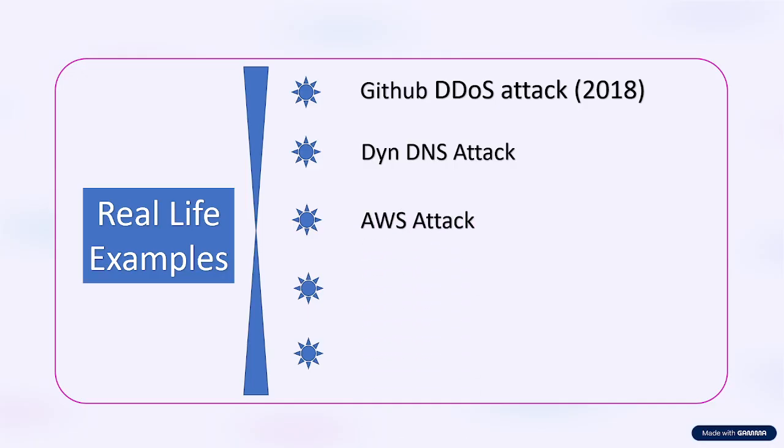Amazon Web Services or AWS, a cornerstone of internet infrastructure, has also been targeted, highlighting the scale and ambition of these attackers. Even giants like Google have faced sophisticated DDoS attempts, showcasing the constant threat these companies defend against daily.